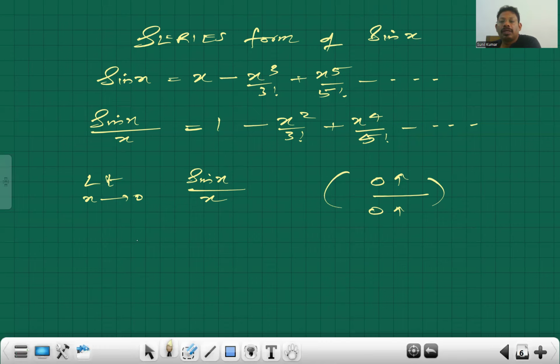In the RHS, you can check that value: it comes out to be 1 only. So sin x by x comes out to be 1. So the answer to this is this one, or let me put it in a box like this.